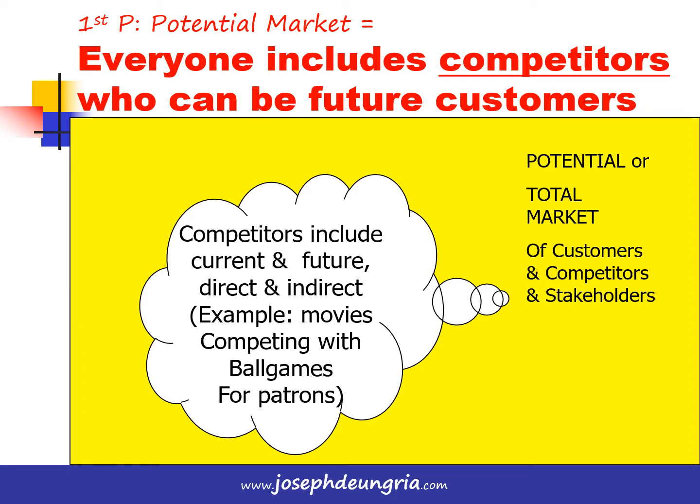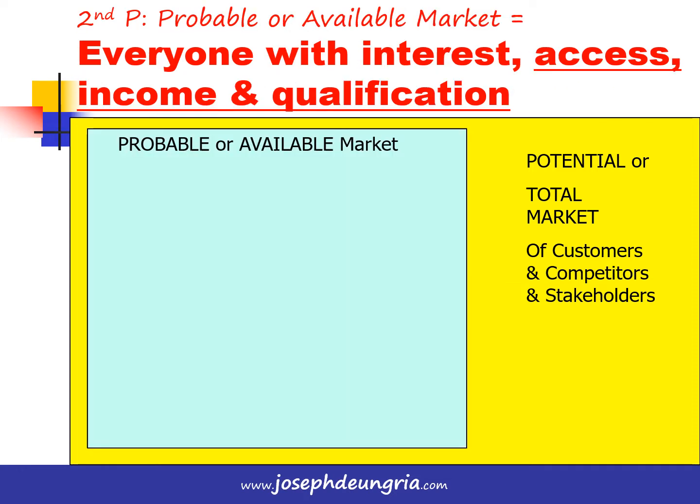Next, the smaller light green rectangle is what we call the probable or available market. So how do we define that? That's everyone with interest, access, income, and qualification to avail of your product. So I no longer swing from product or service.